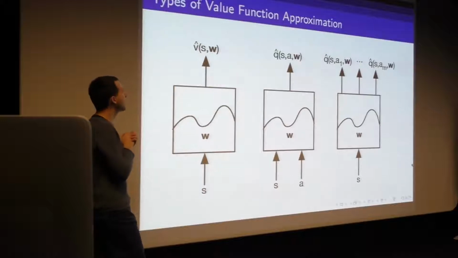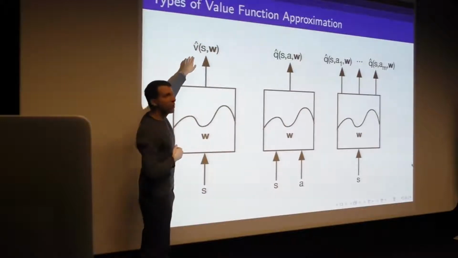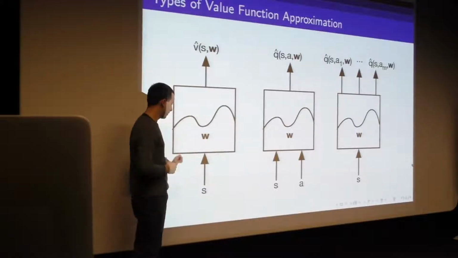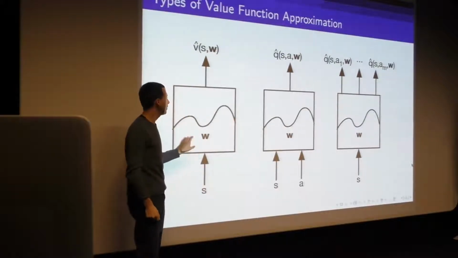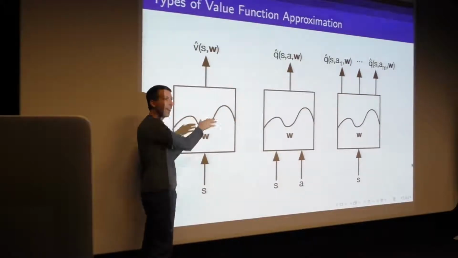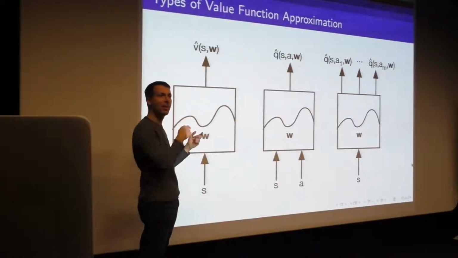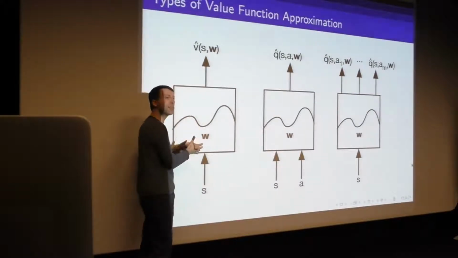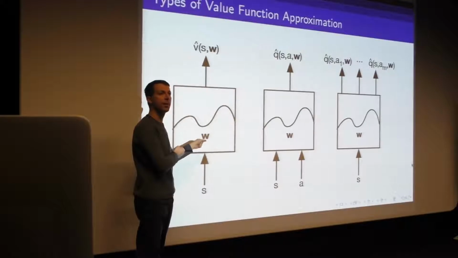Okay, and the idea is, if we're just trying to do state value function approximation, you've got this black box here, you feed in your state here, you've got something like a neural network that's going to represent, this wiggly line is supposed to represent the fact that there's some internal function that this thing is trying to fit and represent, using some internal parameter vector w.